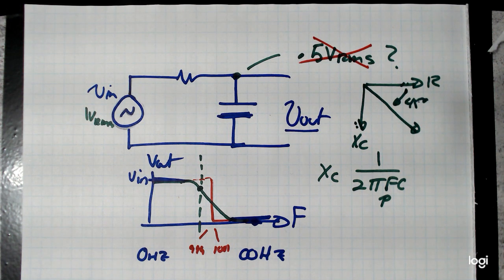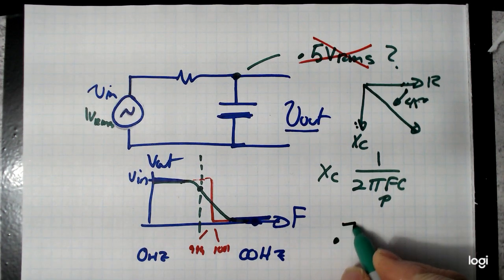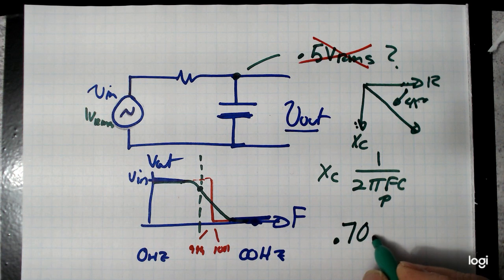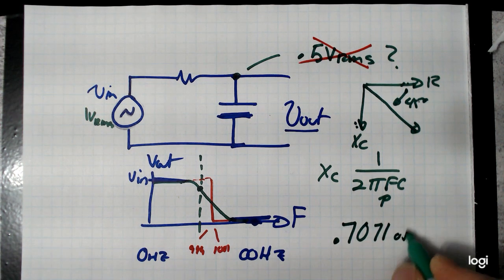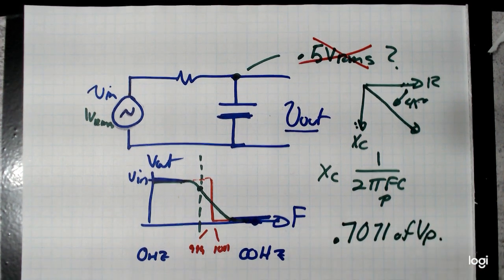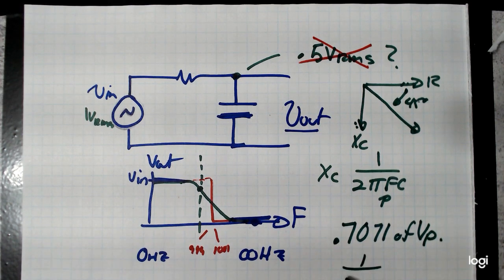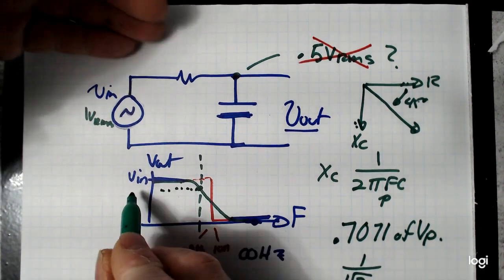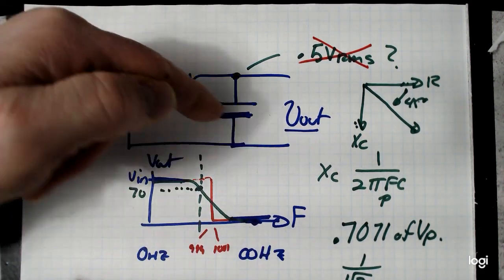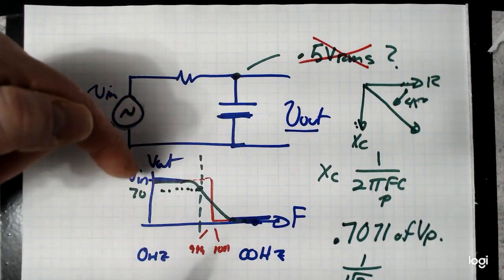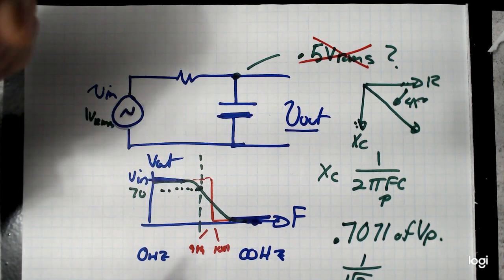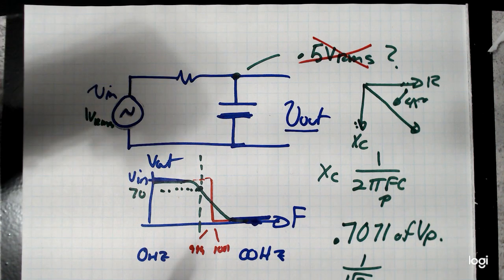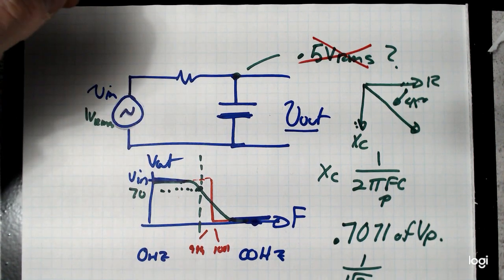So the cutoff frequency occurs when the voltage has dropped down to 0.7071 of the peak voltage, or 1 over root 2. So in this circuit, when the voltage has fallen to 70%, where here's the maximum value, we say that is the cutoff frequency.